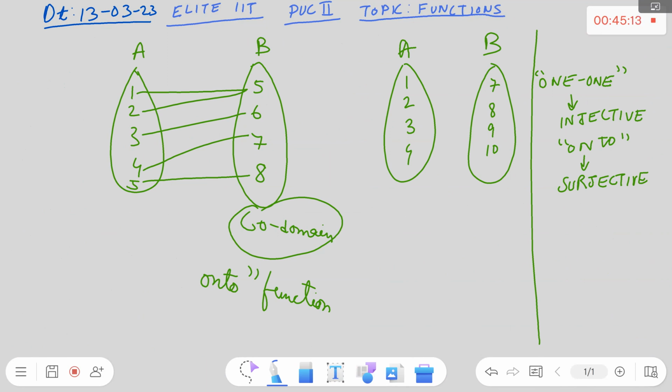Combining these two and writing them together, you write the complete name of the function. So this is what? Many one or one one? Many one. Many one onto function, or many to one onto function. Clear?